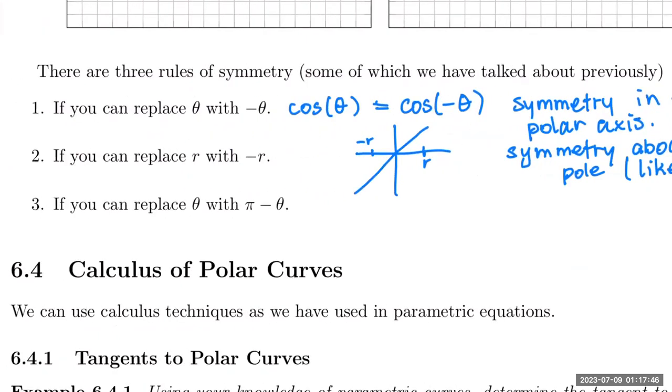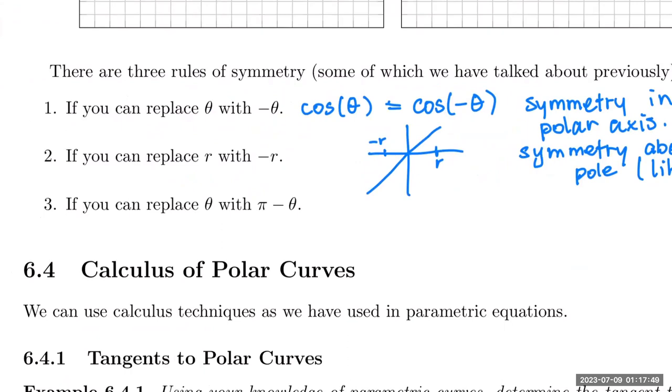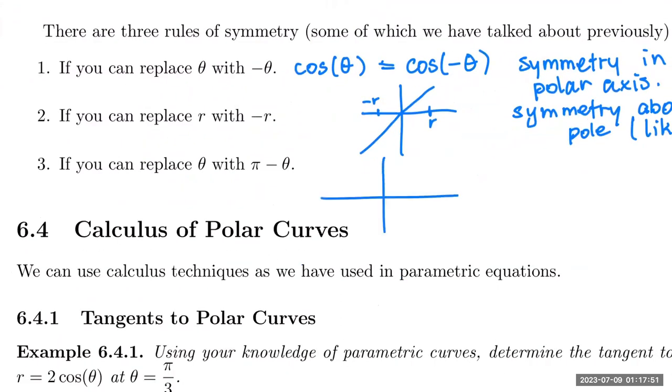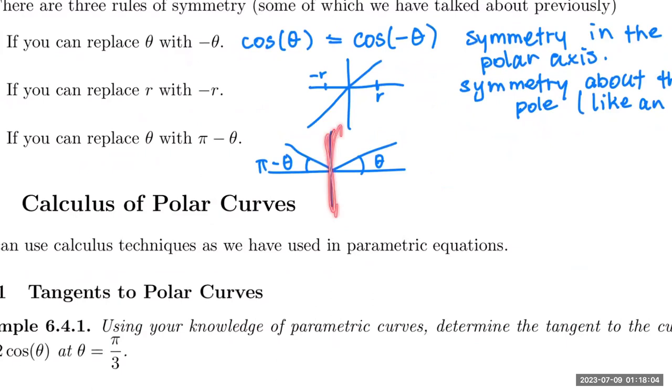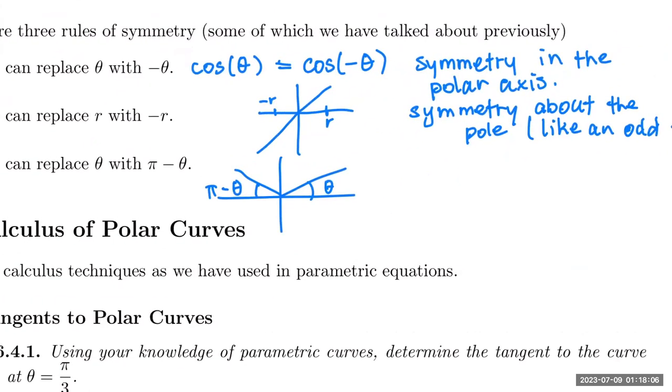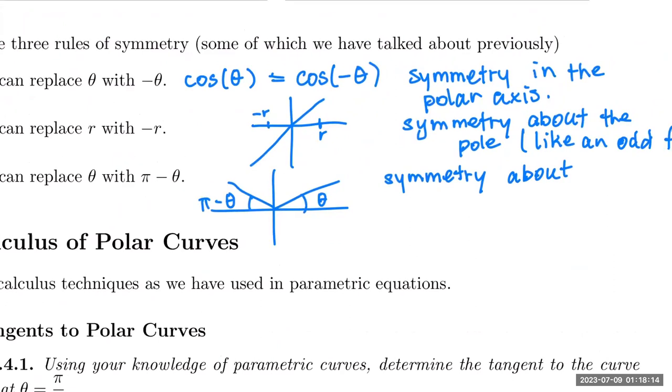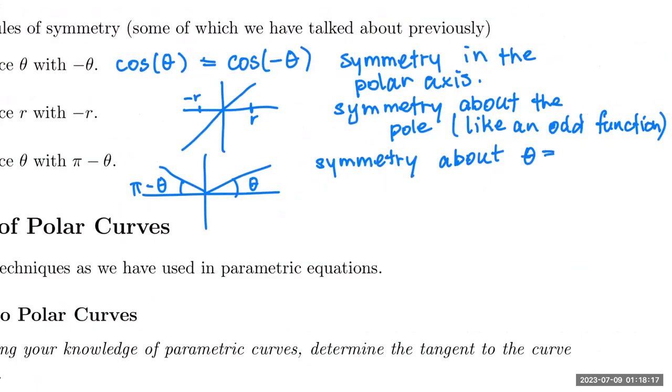And for the last one, if we replace theta with pi minus theta, and this is your angle theta, then pi minus theta is over here. Then we have symmetry about theta equal to pi over 2, just this line over here, which is like an even function.